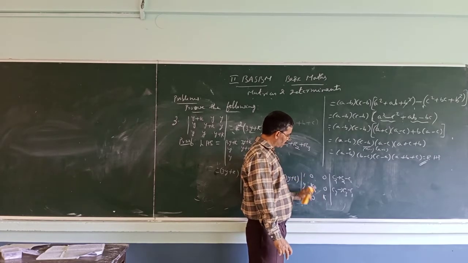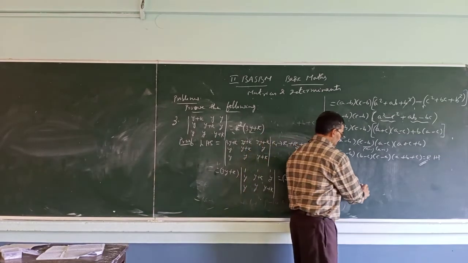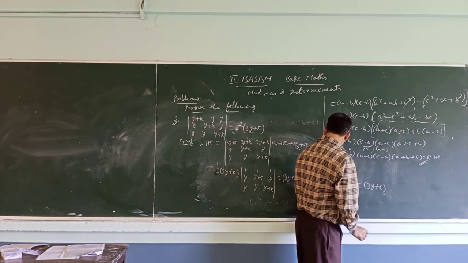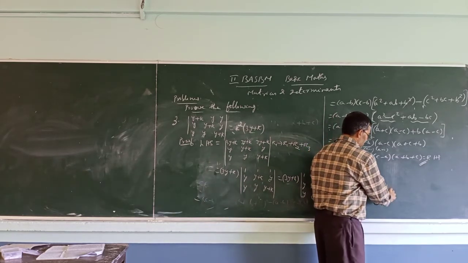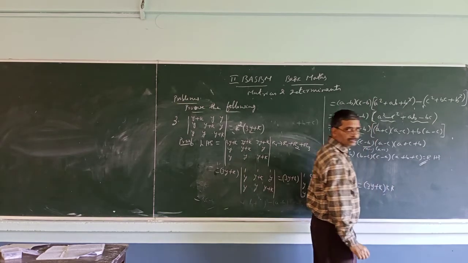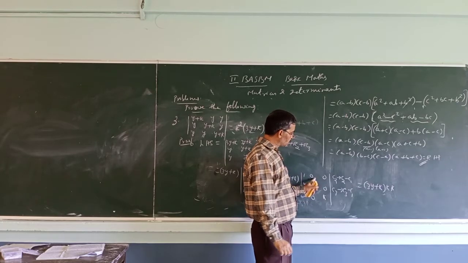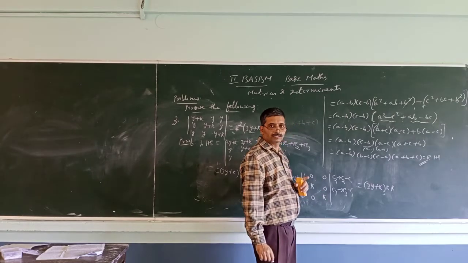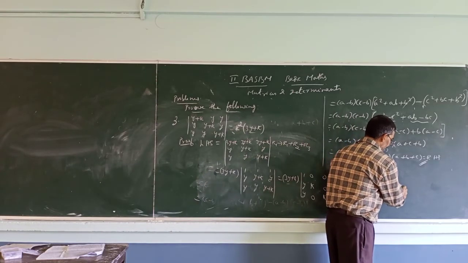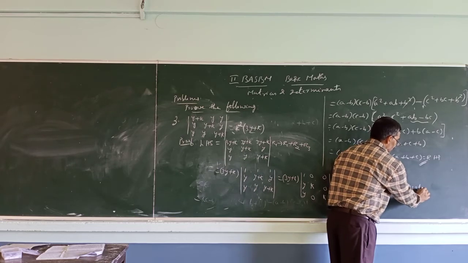So it is equal to 3y plus k into k into k. Why k into k? Because the elements above the main diagonal are zeros. Since the reason is like that, you can directly write by the property.